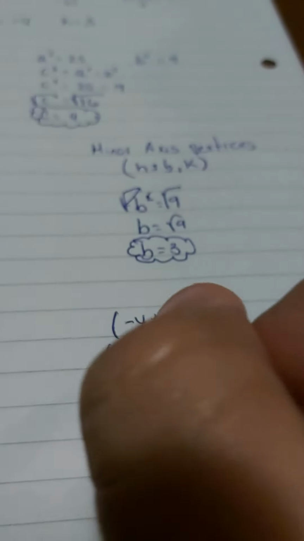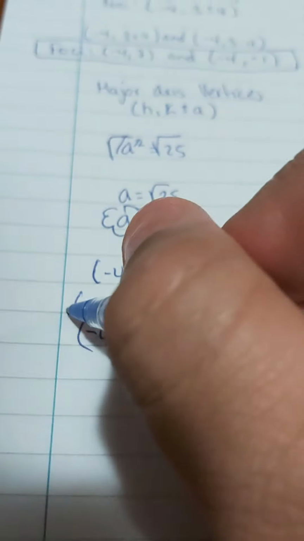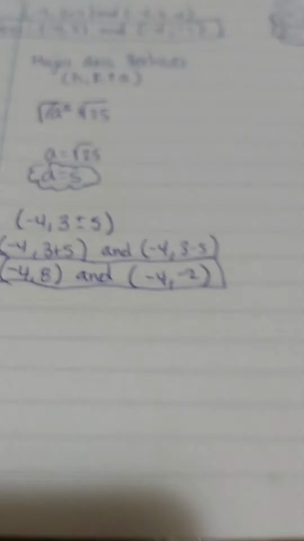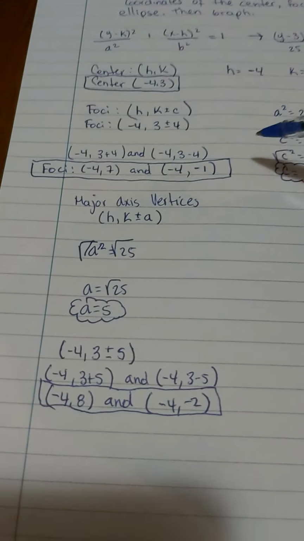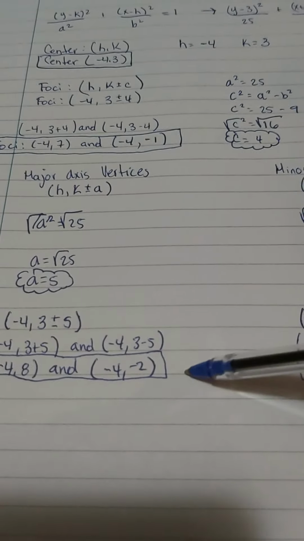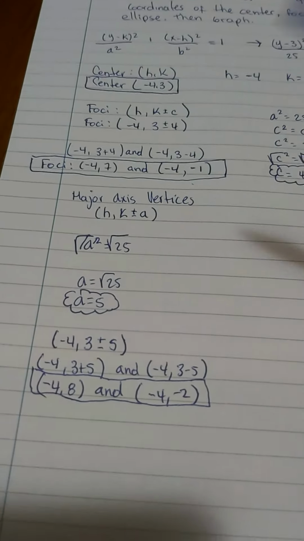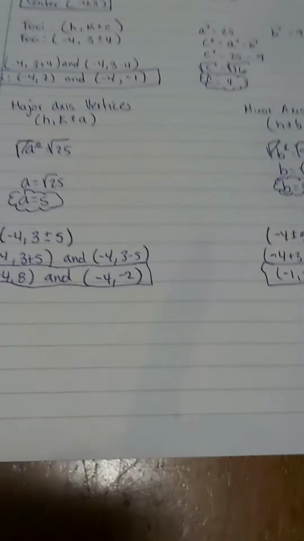So these are the vertices of our minor axis and the vertices of our major axis. So we have the center, foci, and our four vertices.